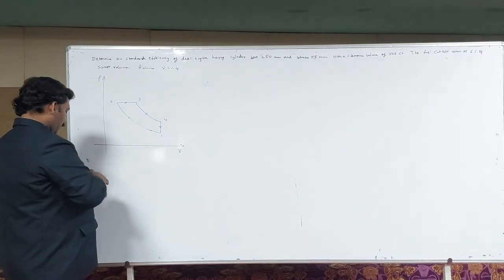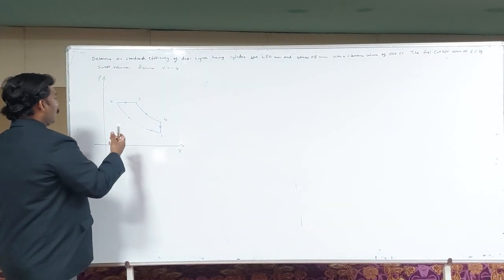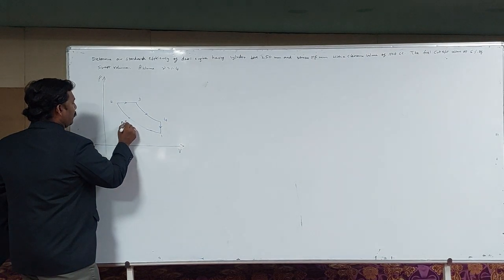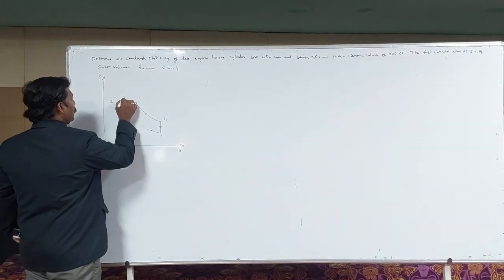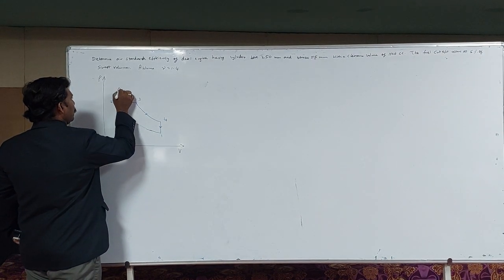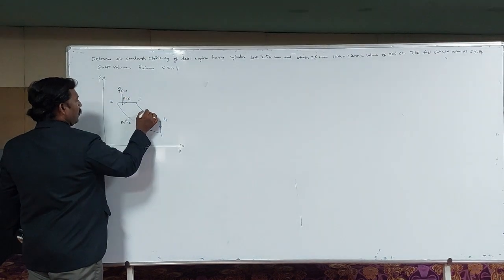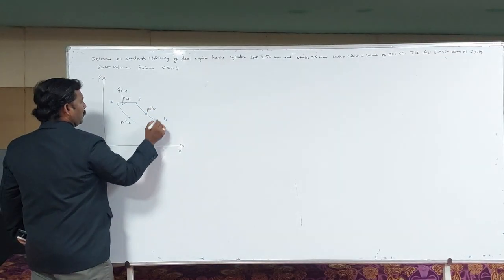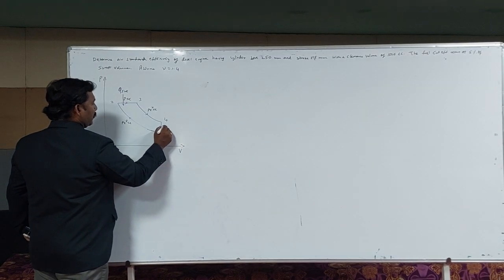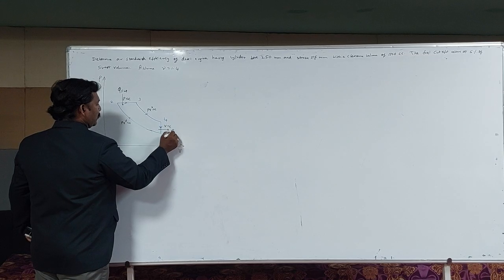Now, PV power gamma is equal to constant, P is equal to constant, heat supplied, and PV power gamma is equal to constant, and here V is equal to constant, heat rejection.